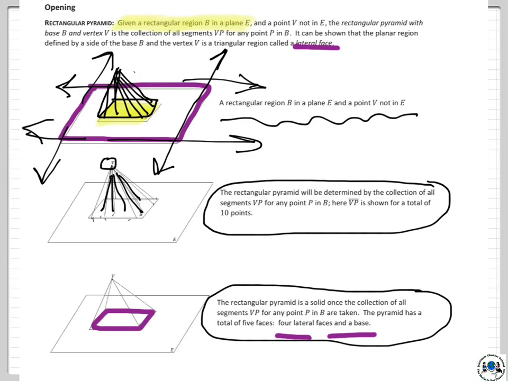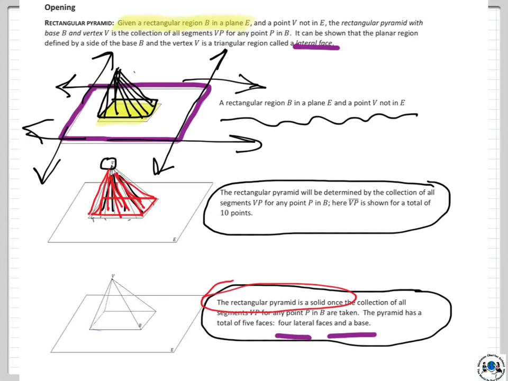One thing I want to explain before we move on to the next part is what's very important about the point I made over here: it's not only points along the edge of B, but also points in the middle of B. This rectangular region, we are talking about points all over it. So this rectangular pyramid is a solid once the whole collection of points P have been connected to point V, the vertex.